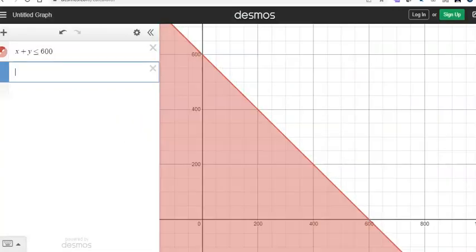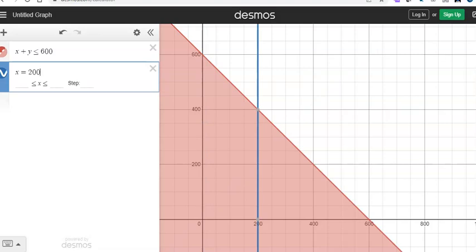Remember, the X is yours. So it says, what if X equals 200? Remember, we get that vertical line. Well, the most you could deposit up here would be 400 into savings, but you can deposit all of these less than 400 also because you don't have to do all 600. So that's your Y value.